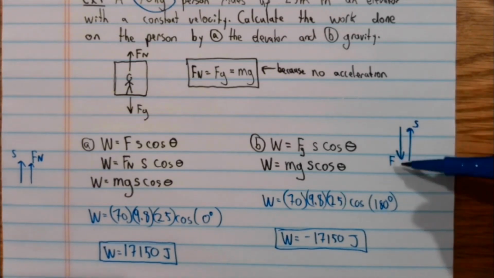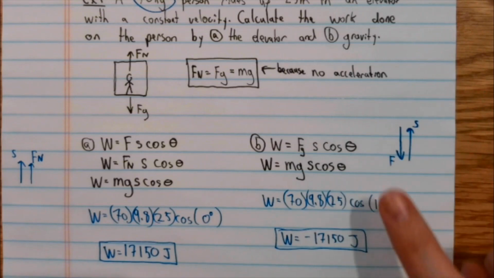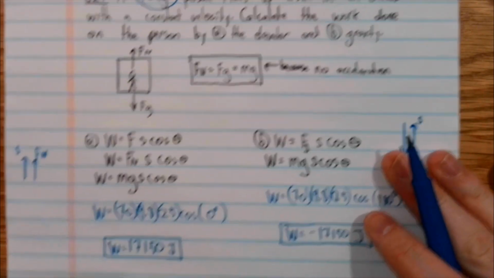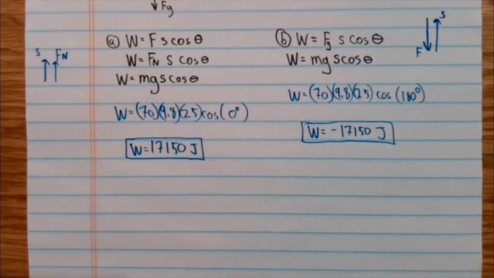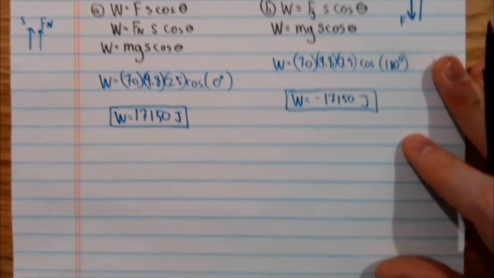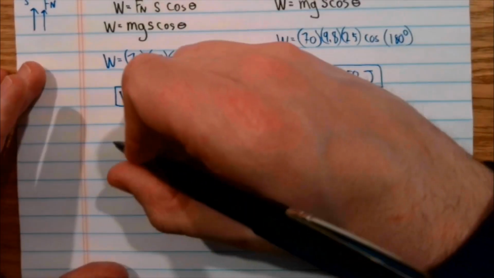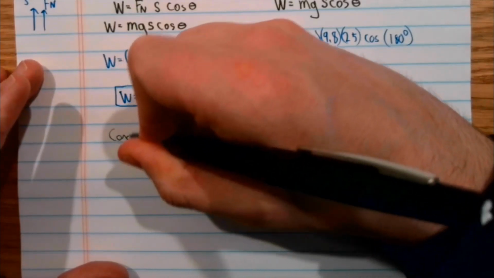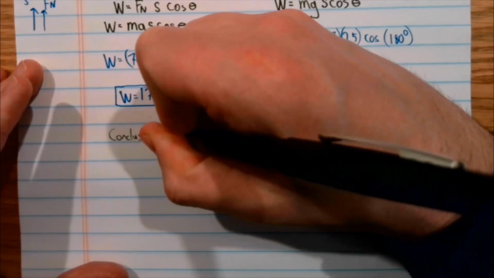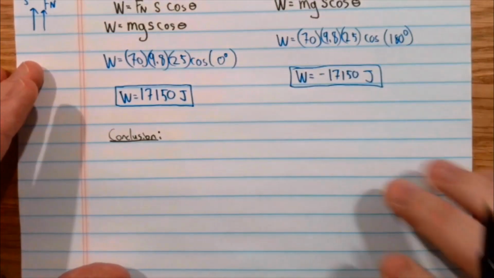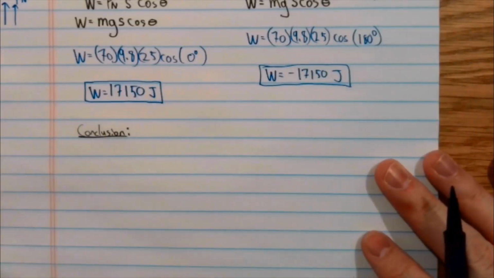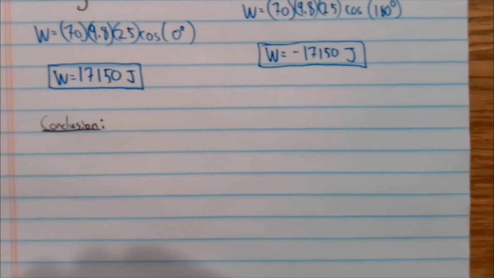The gravity pulls down, but S is up, therefore the angle is 180. So in order to solve these problems, you need to draw S and F. So there's my conclusion, my note for you. Something to know when you're going to solve these problems.